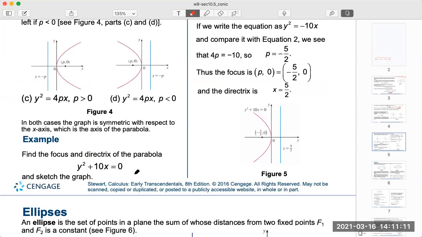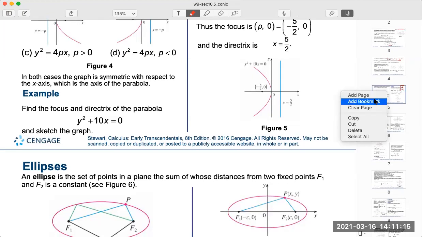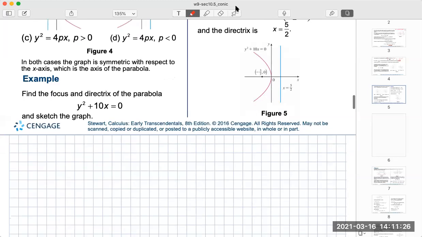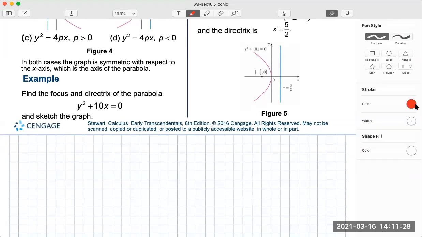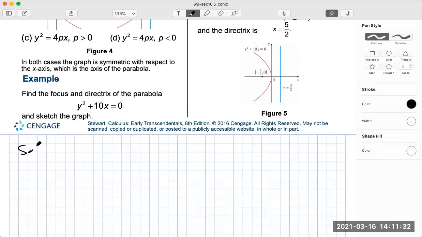Anyway, let us do the very first example here. Take a look at this equation. Y squared is equal to 10x. So y squared plus 10x equal to 0.